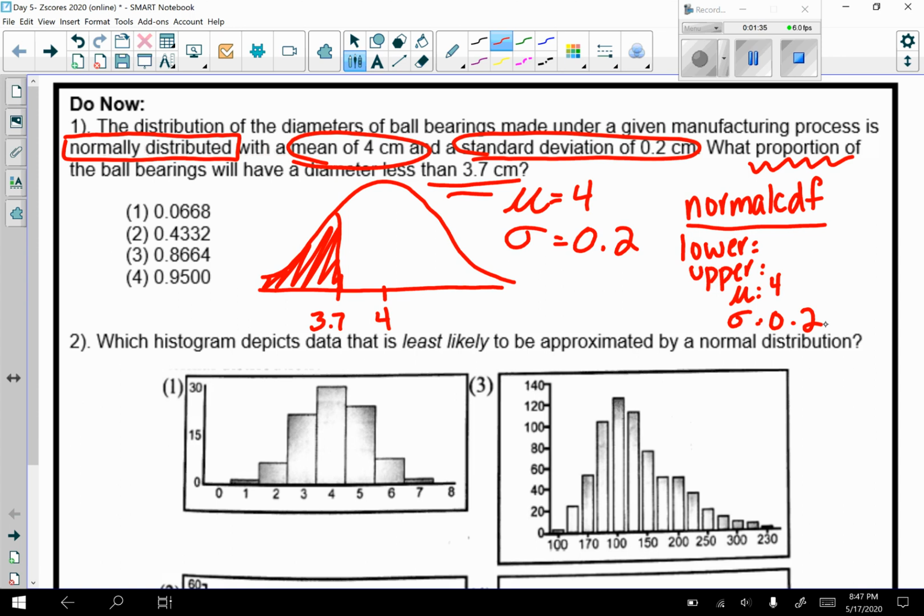You shade it all the way to the left and you keep going to negative infinity. But we don't have something like that on our calculator, so we just use a really big negative number. So negative 1 million, 10 million, something like that. My upper is this bound here where I want to stop, which is 3.7.